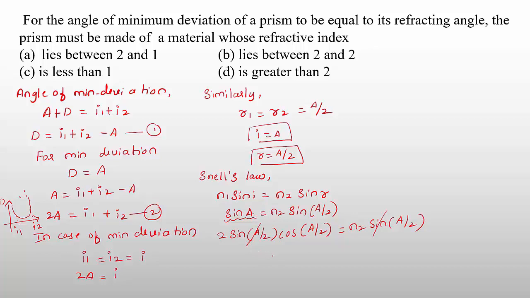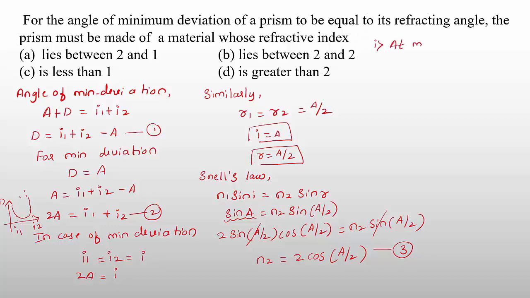So we got n2 equal to 2 cos(A/2). Let us take it as equation number 3. Then for minimum deviation, for minimum angle of incidence, let us take the first case.